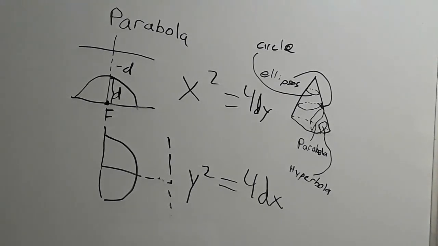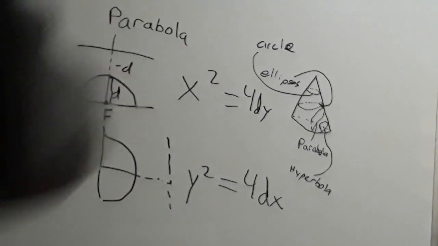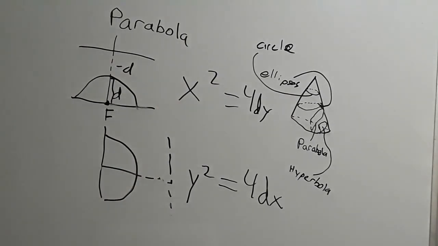So, you have the circle, which you can put down to any level on the cone. And it'd make you really think, can you do it with the others? Well, yeah, you can. They have separate equations, and you can see that they change based off of this D. But before we go ahead of ourselves, let's go over the shapes we're going to talk about, because we already covered the basic shape of a circle in earlier videos.